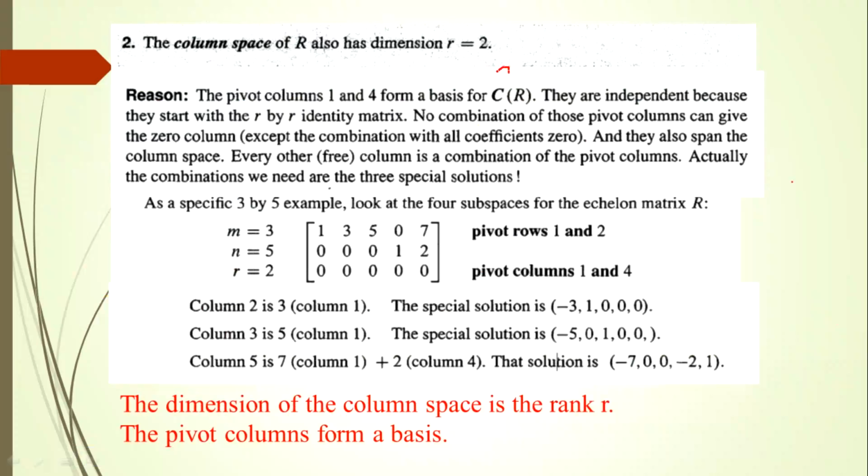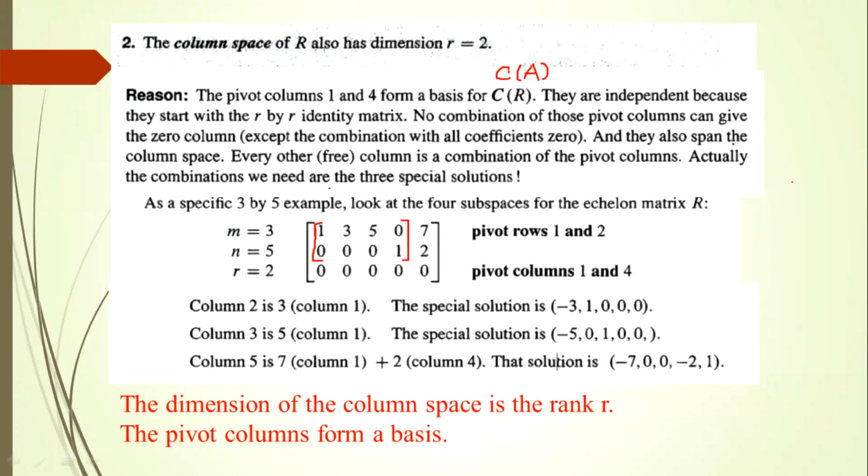No problem. They are independent columns because they start with the R by R identity matrix, which means from those two columns we can get 1, 0 and 0, 1. So no combination of those pivot columns can give the 0 column, which means they are independent. We cannot use one of them to express another.